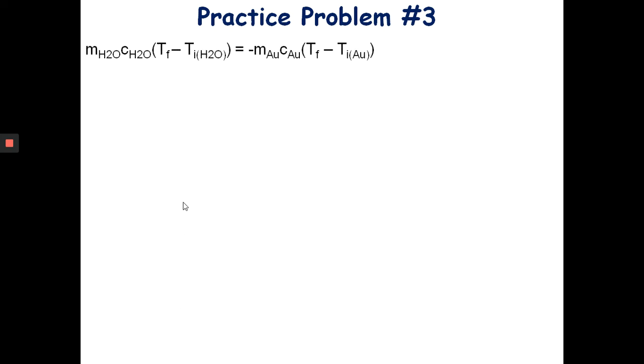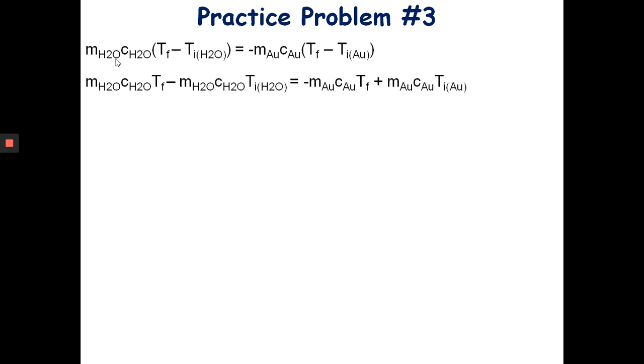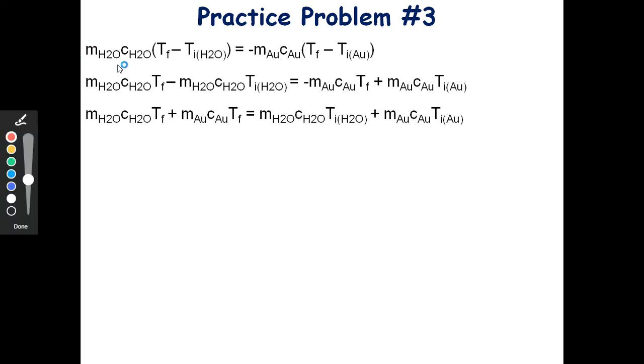When you do that, I'm going to have to continue on the second page here. When I distribute these terms, what I get is this: the mass of water and c of water, multiplied to the Tf. That's because I'm distributing this.